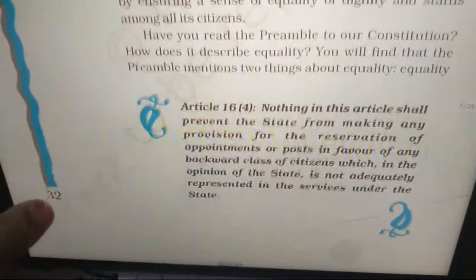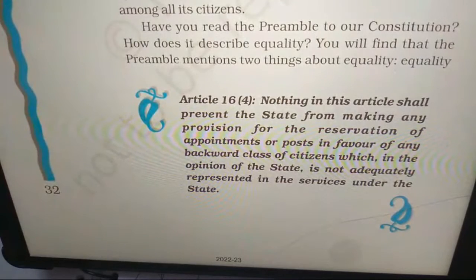Article 16, Clause 4. Nothing in this article shall prevent the state from making any provision for the reservation of appointments or posts in favor of any backward class of citizens which, in the opinion of the state, is not adequately represented in the services under the state.